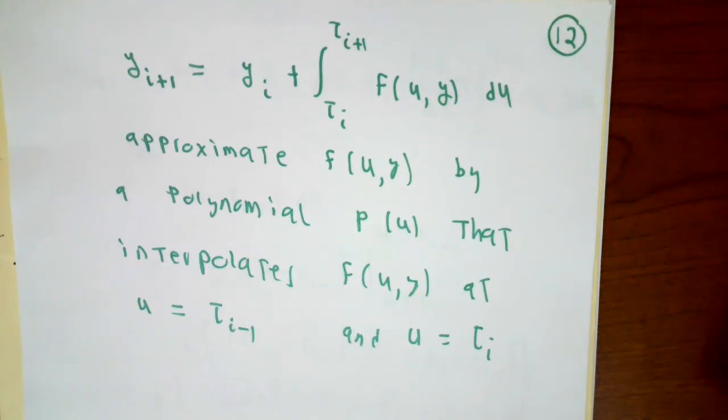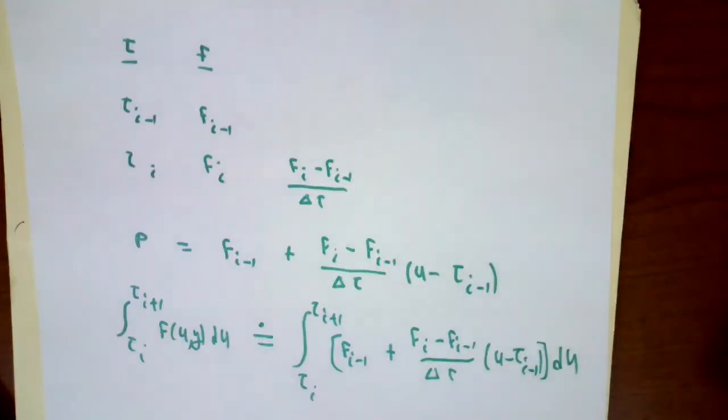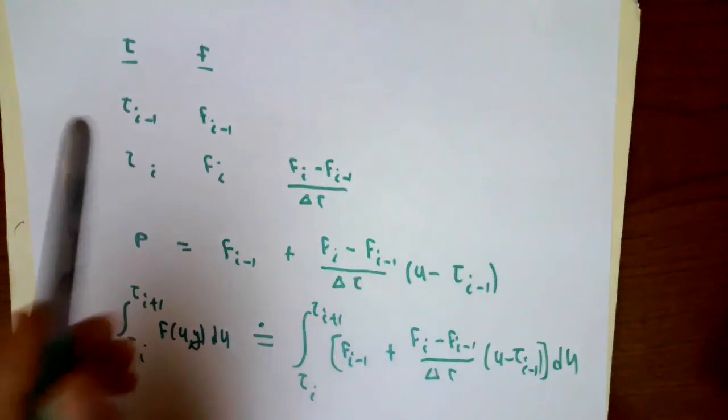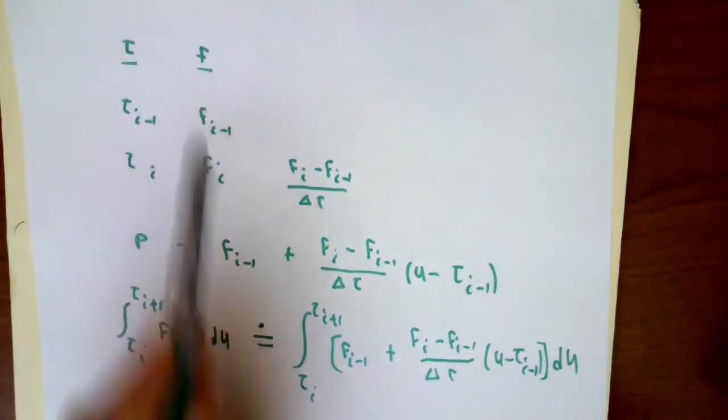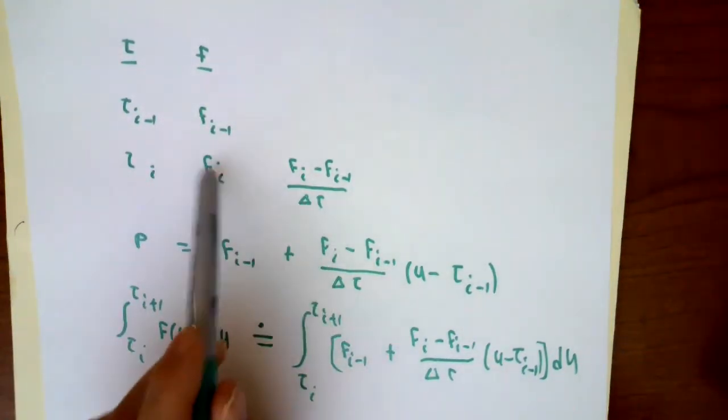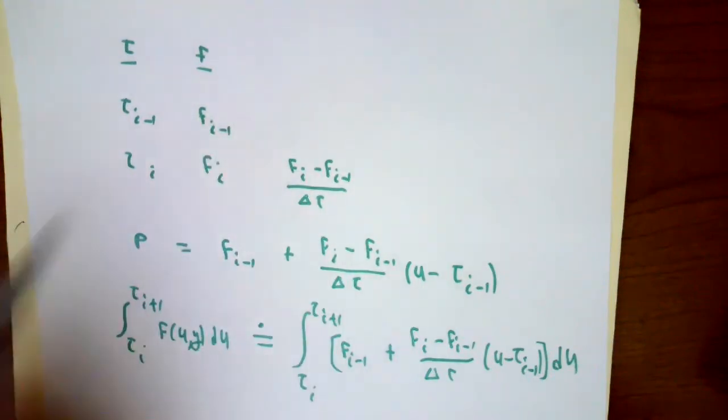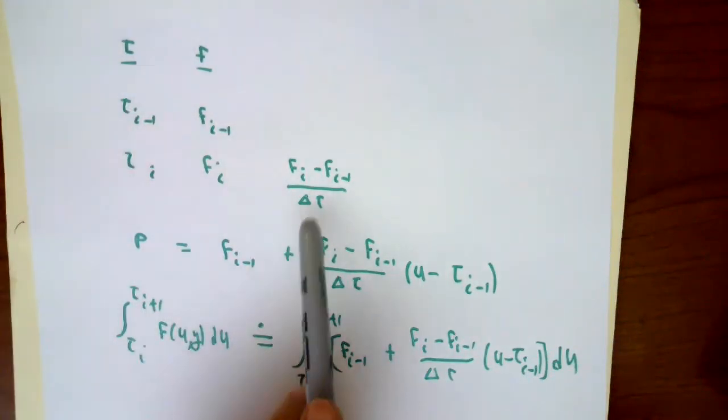This is what's going to turn the y numbers into w numbers. Writing out the polynomial is easy if we remember the Newton form. These are just function values, and these are this number minus that number divided by that number minus that number.